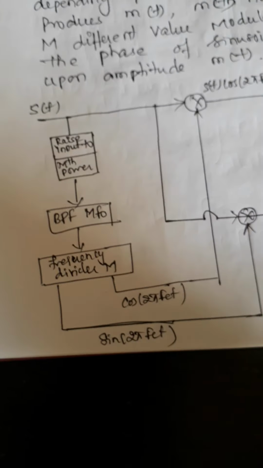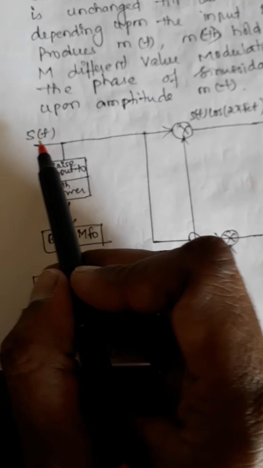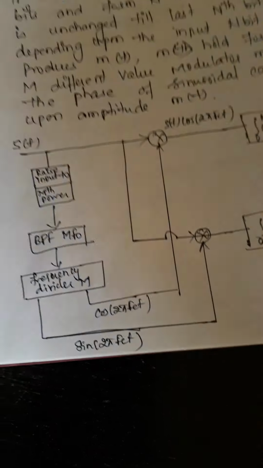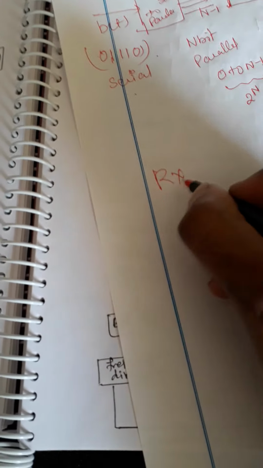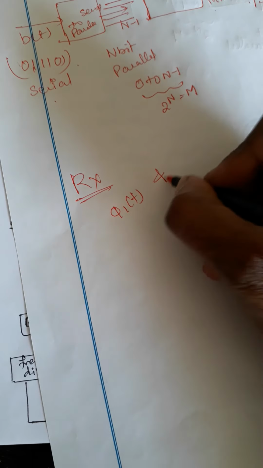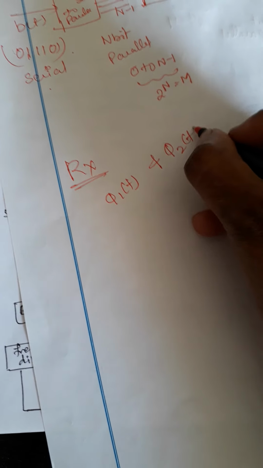When I deal with the M-ary PSK, this is the receiver block diagram you have got. Can you observe S of t is there? One more thing in the receiver's block diagram: my intention here is to recover the carrier phi 1 of t and phi 2 of t.